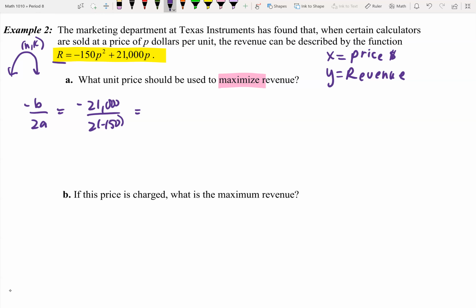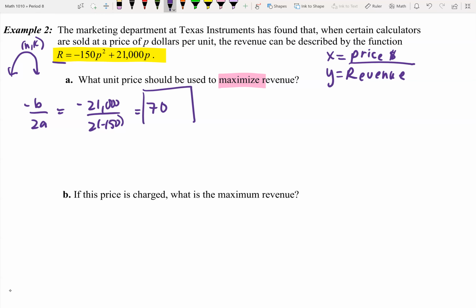Just go 2 times 150. Close it, enter, and I get 70. Is that the X of the vertex or the Y? Everybody in the room tell me. Negative b over 2a is the X. That stands for price. Read the question. What unit price? That's the answer.